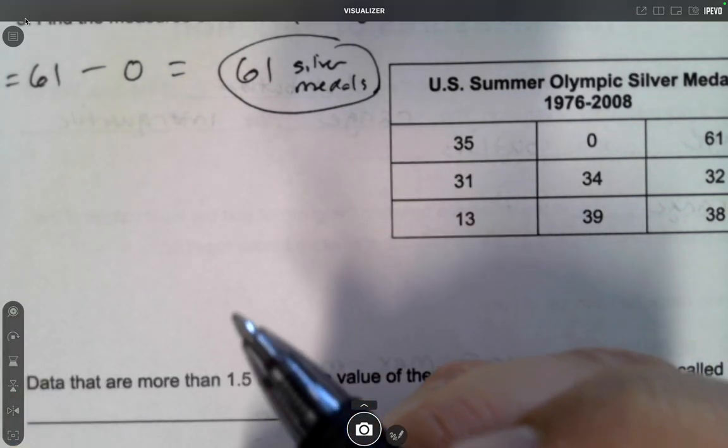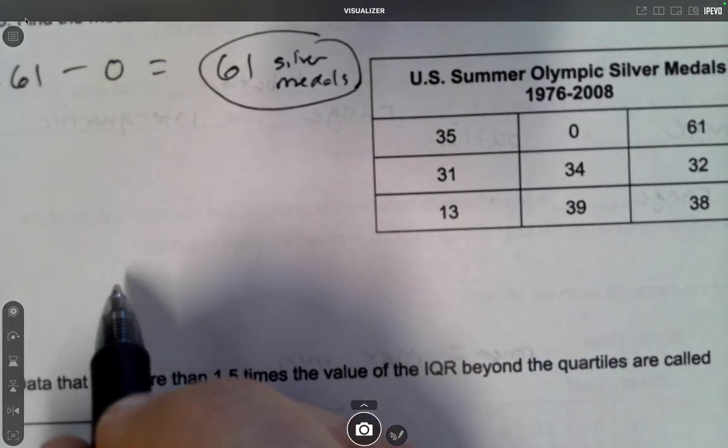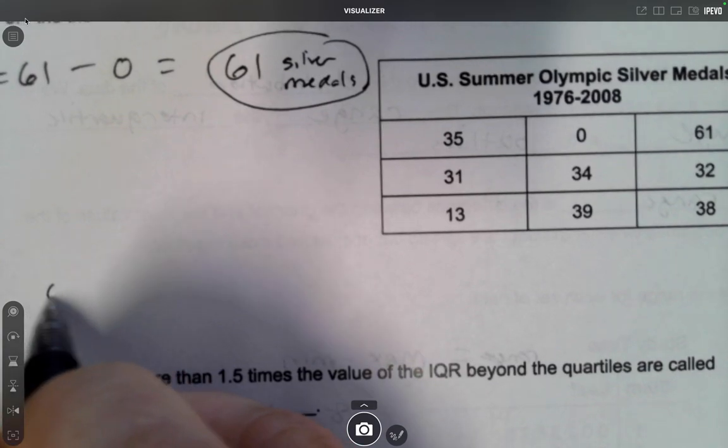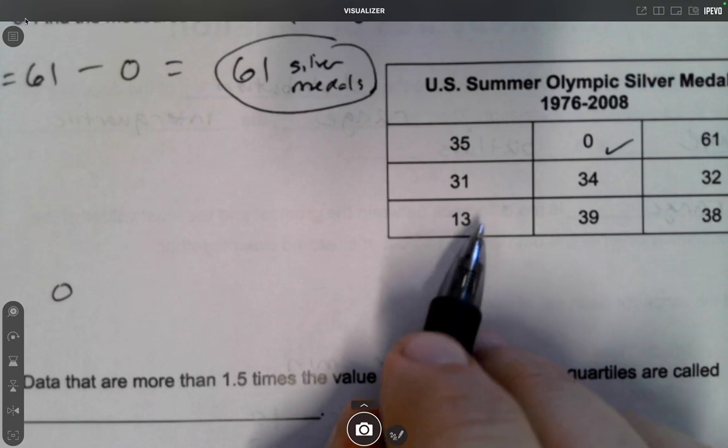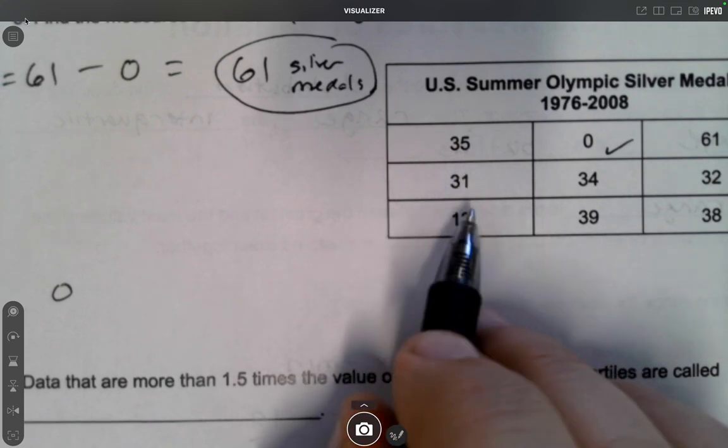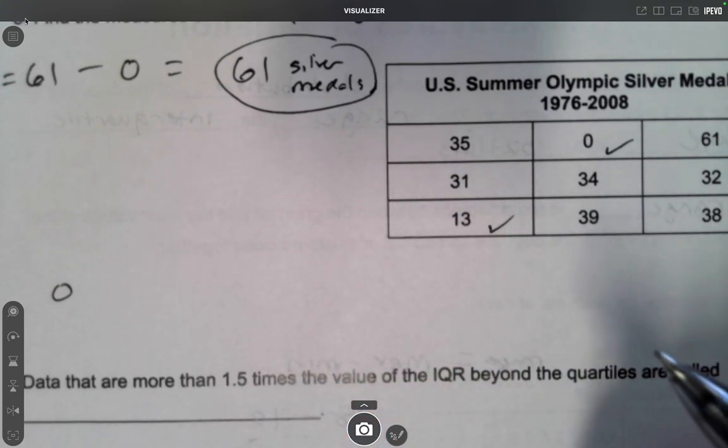So we've got to figure out the quartiles first. So I'm going to give myself more room down here. So 0 is the smallest. I was wrong. There's one that's 13 and not 30. My mistake. 13 to be next.